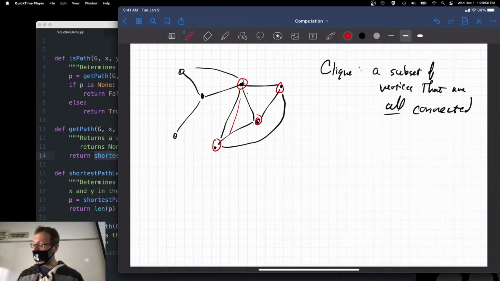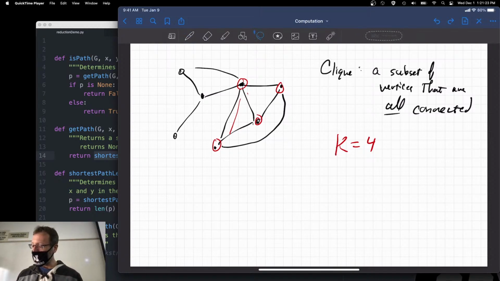So there's a clique of size, here I'll use K instead, there's a clique of size 4. All 4 of those are connected to every single other vertex in there. Now, why can't I include this one in my clique? Because it's not connected to any of them, right? That's an NP-complete problem.